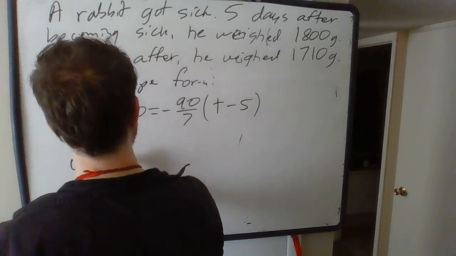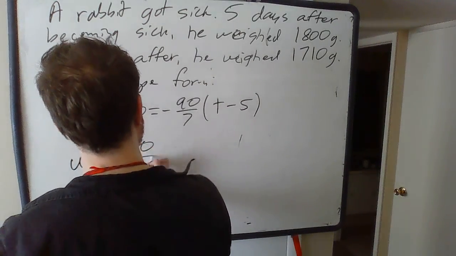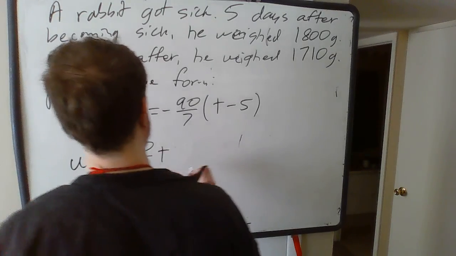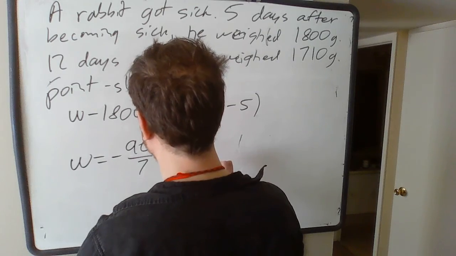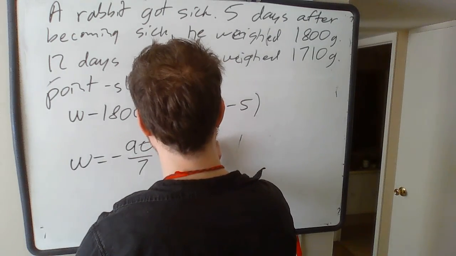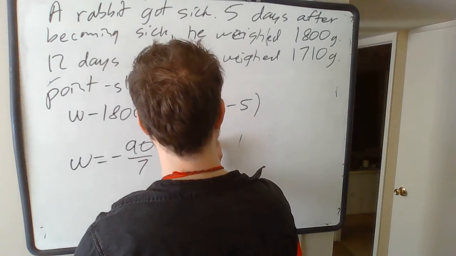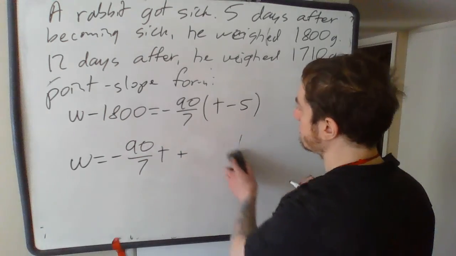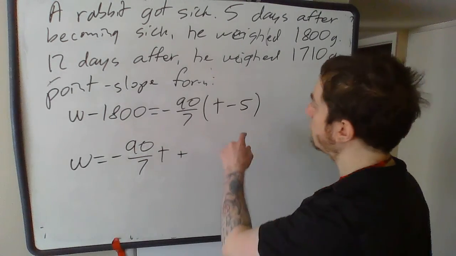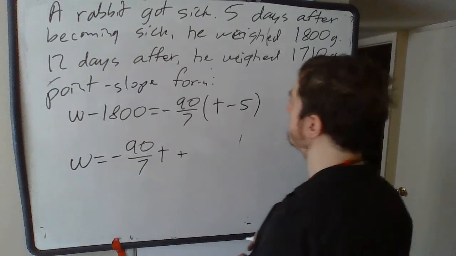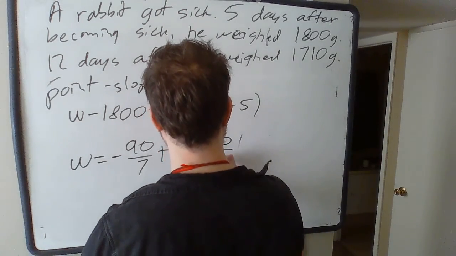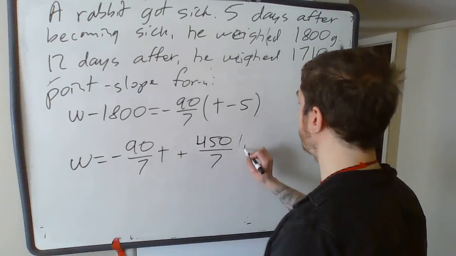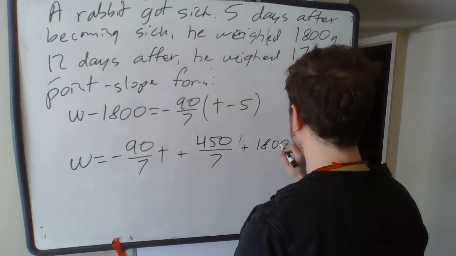That would give me W equals negative 90 over 7t. And then we're going to have plus, let's see, 5 times 90 is going to be, well, 5 times 9 would be 45, so 5 times 90 would be 450 over 7. And then we have plus 1800.